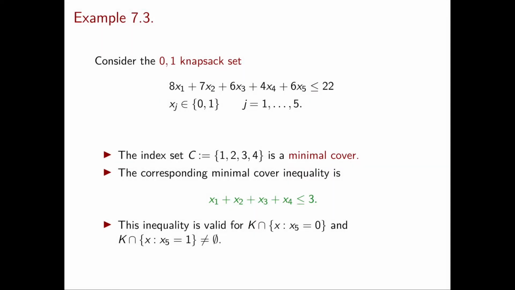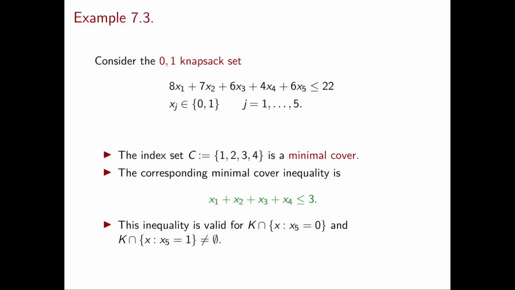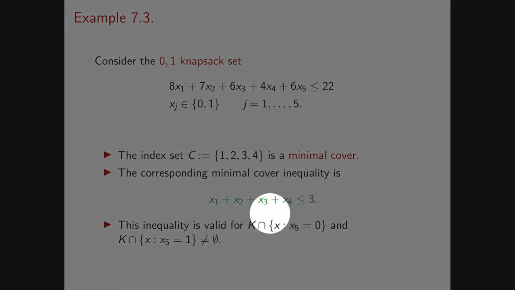Now the corresponding minimal cover inequality is x1 plus x2 plus x3 plus x4 at most 4 minus 1, therefore 3. We know that minimal cover inequalities are valid for K, so in particular they are also valid for the face of K defined by x5 equal to 0.